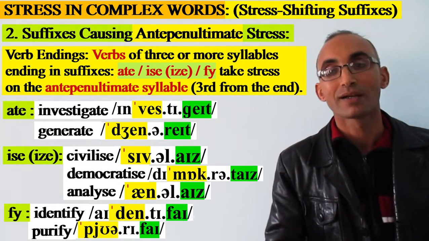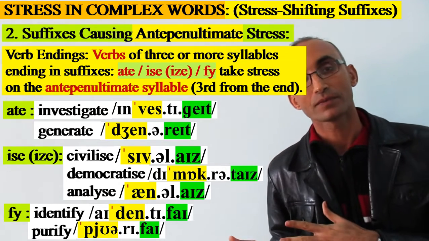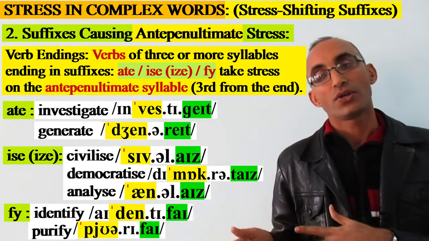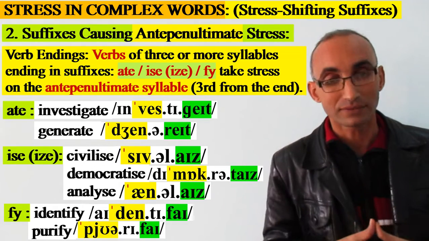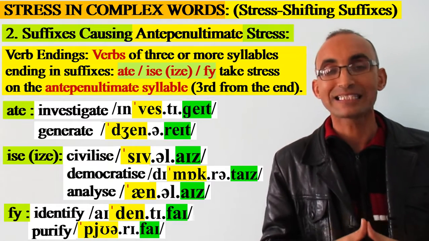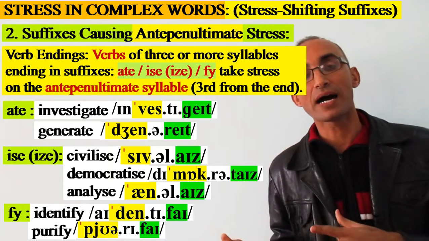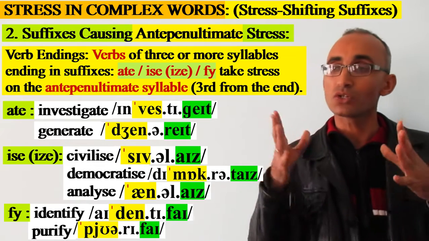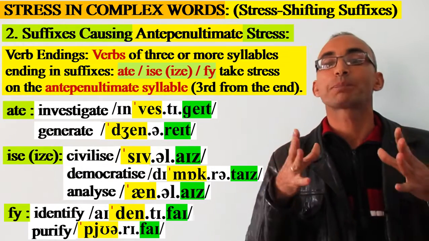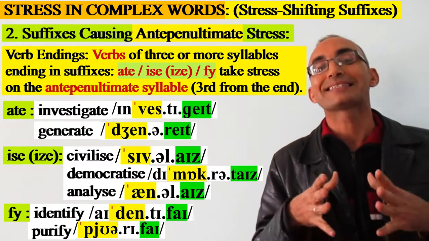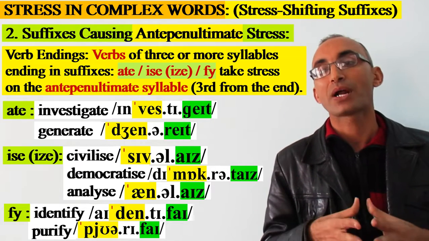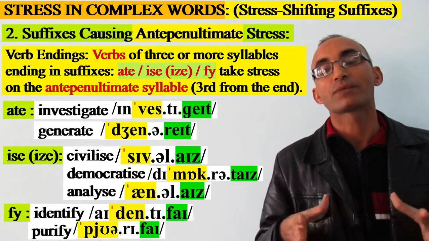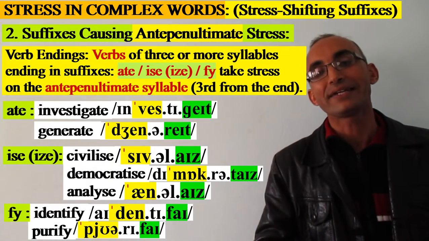Also for -fy, like identify: fy no stress, ti no primary stress, and den is stressed, anti-penultimate. Also purify: fy not stressed, ri no primary stress, but pu receives primary stress.